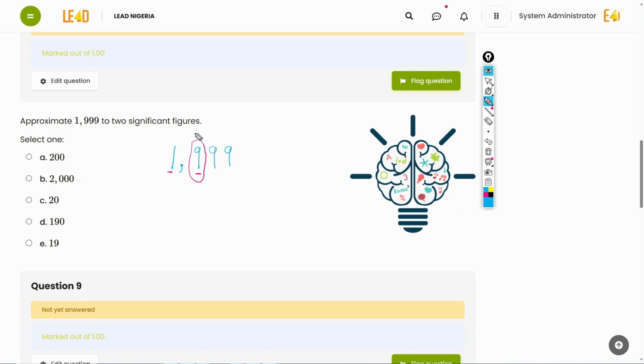So this is going to be plus 1 because it's a strong digit. 1 plus 9, 10, 0, carry 1. 1 plus 1, 2. So it's 2, 0, 0, 0, because the digits to the right of our target digit all change to 0. The correct option is 2000.